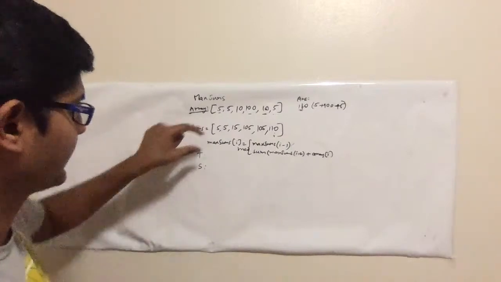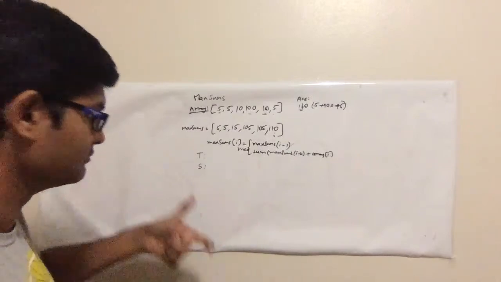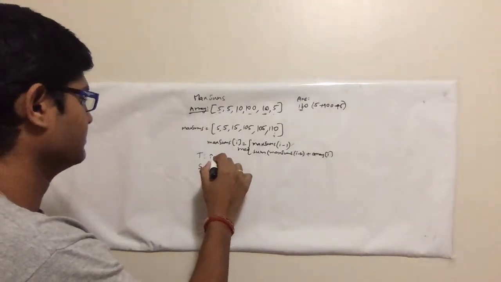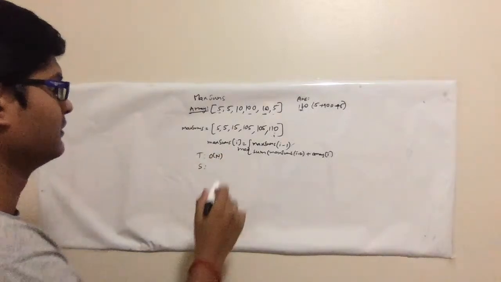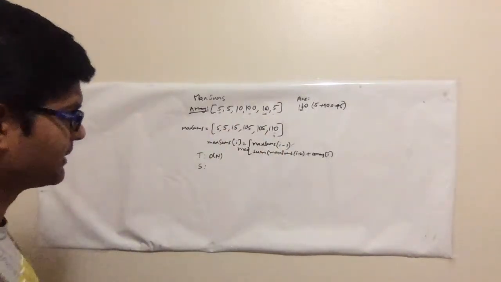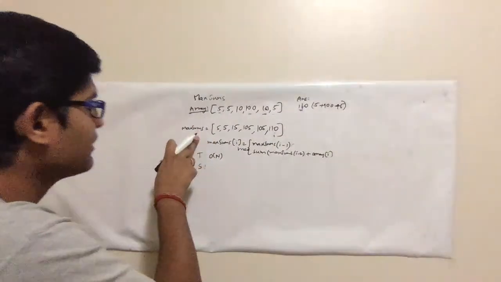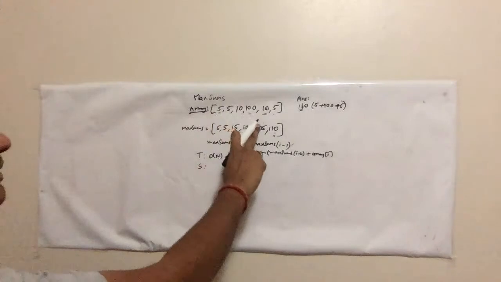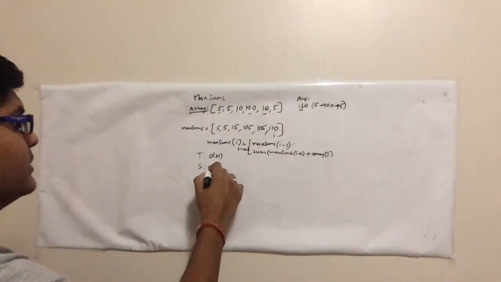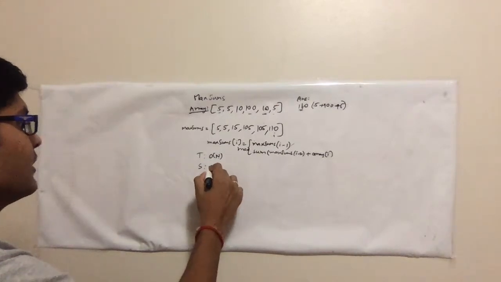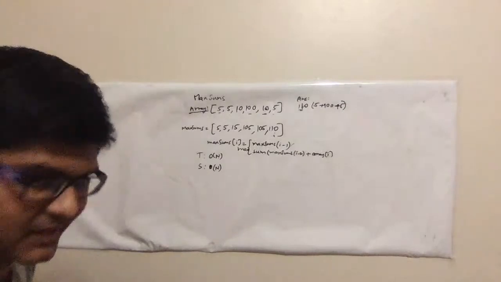In every iteration we are calculating the maximum sums and solving the problem, so it would be big O of n, where n is the size of the input array. The space complexity is also obvious. We are building a new array of length equal to the input array, so it would be big O of n. Okay, so this is the case.